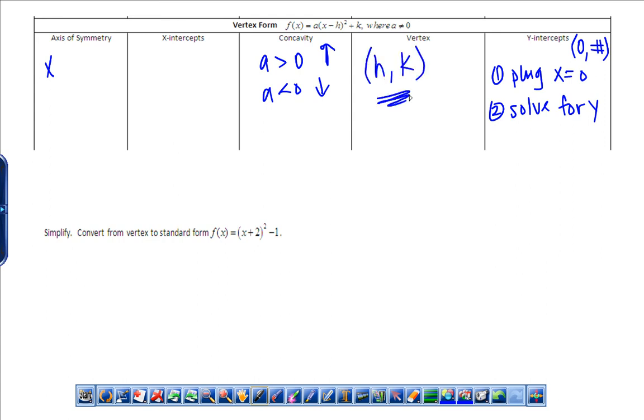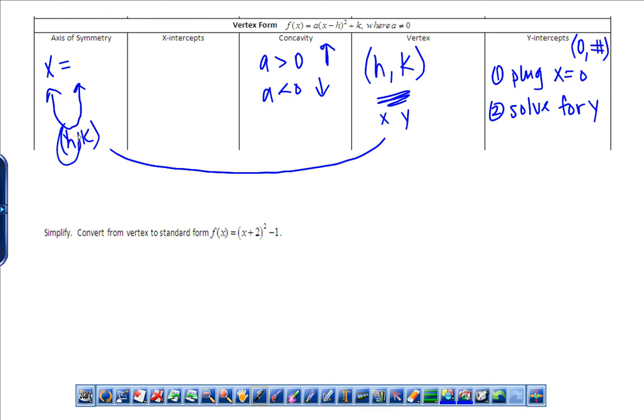So if I know my vertex is h comma k, or basically this is your x, y, then if I'm writing an equation that is x equals, my x equals is going to be whatever my h is. So x equals whatever my h value is.